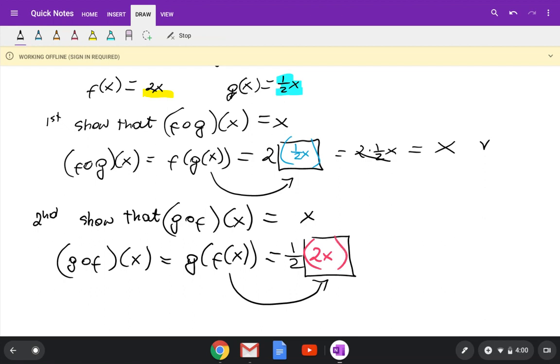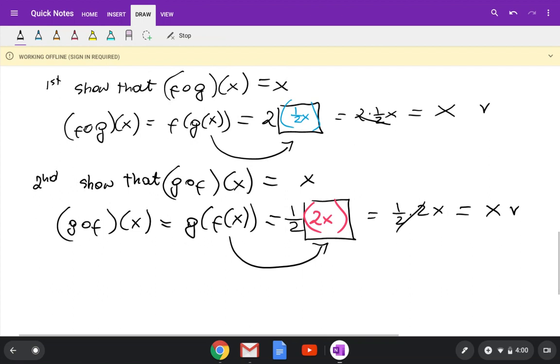So simplify, and we're getting 1/2 times 2x, which is x. That's it. We just showed it. There is nothing else we can do. So that's true. What that means is that those two functions, 2x and 1/2 x, are inverses of each other.